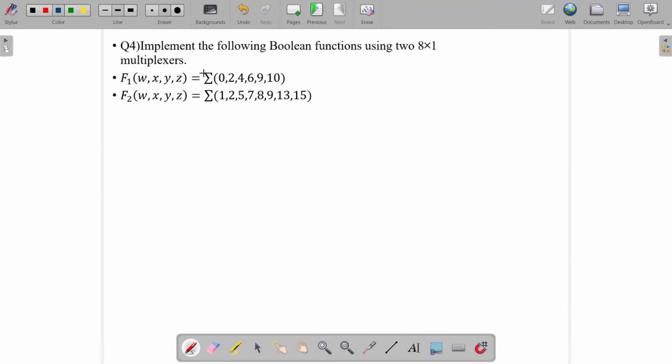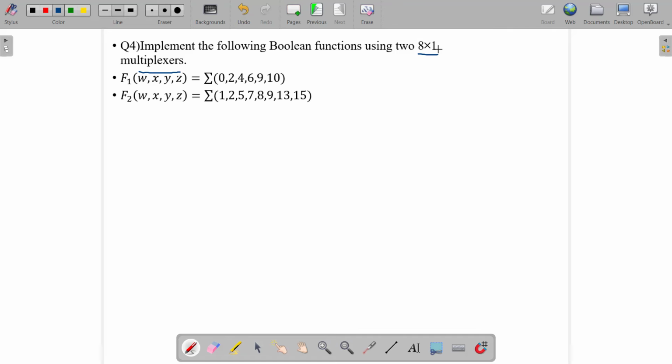Okay, in the case of Q4, we want to implement the Boolean function using two 8x1 multiplexers. Because we have the 8x1 multiplexer, and the number of input variables is 4, it means that we will have 16 possible combinations, and because the multiplexer is 8x1, we have to divide our truth table by 2 to implement these functions.